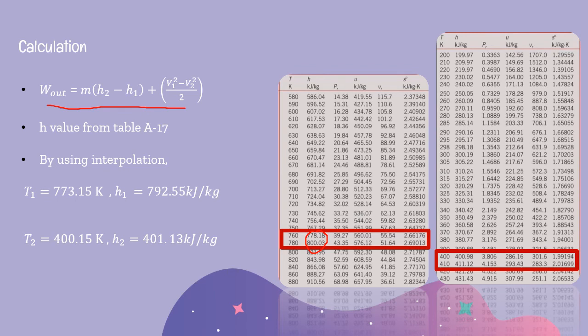For T2, we use this table for 400.15 Kelvin. Hence, H2 is in between these values. We get that H2 is 401.13 kilojoules per kg.